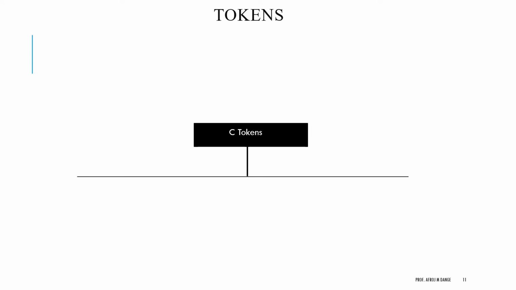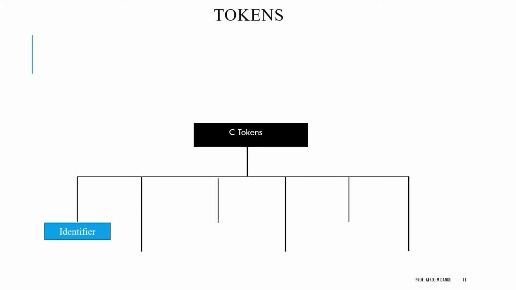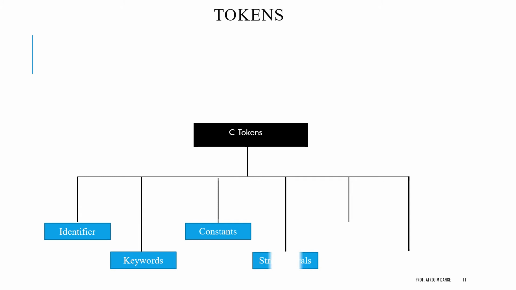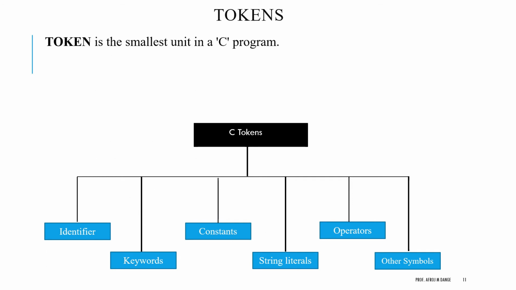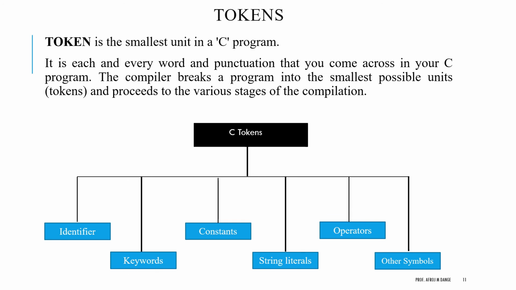Now, tokens can be categorized into 6 categories. These are identifiers, keywords, constants, string literals, operators, and other symbols. So this is the small unit of a C program.